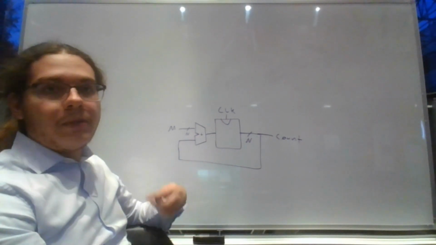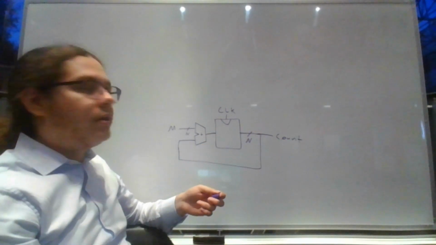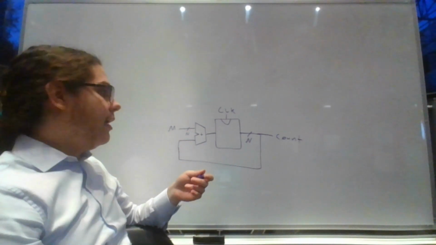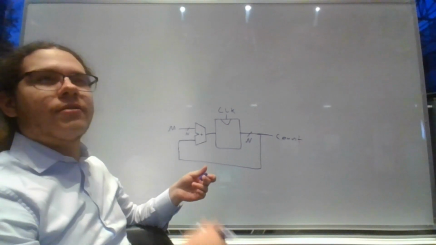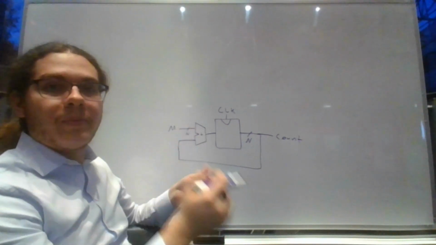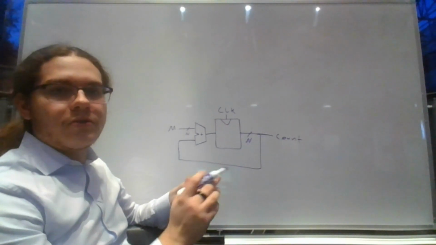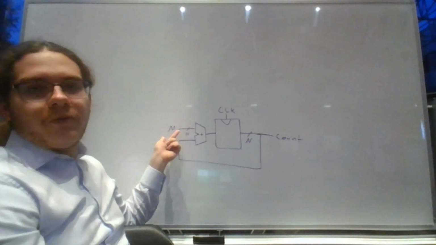It could be 2, it could be 17, it could be 5,483, it doesn't really matter, so long as it's a whole number, so you can express it in some number of bits, and as long as it's within the range of your bit width. So if you had 10 bits, for example, you can represent a maximum of 1,023. You can't say then add 1,024. It won't work.